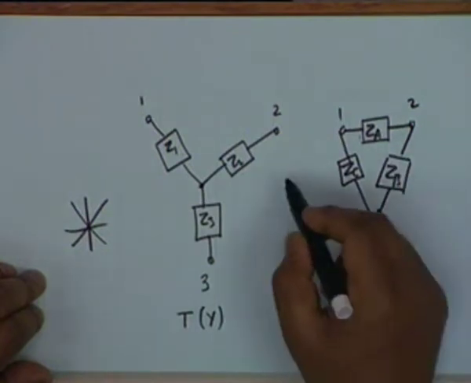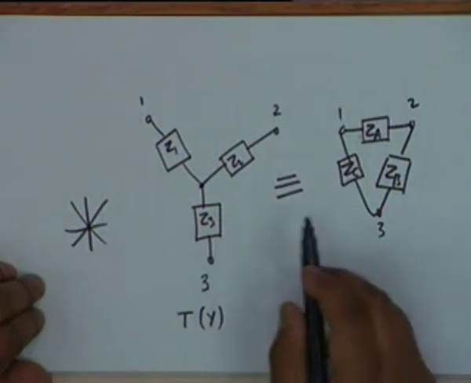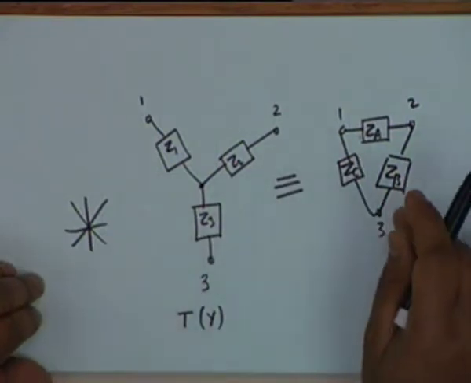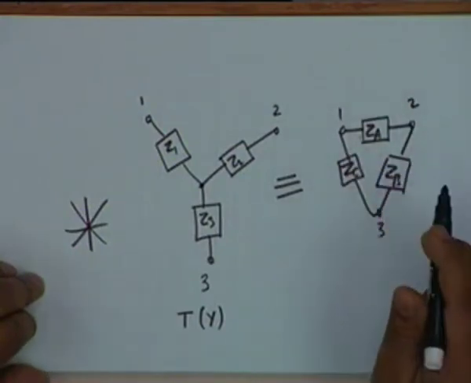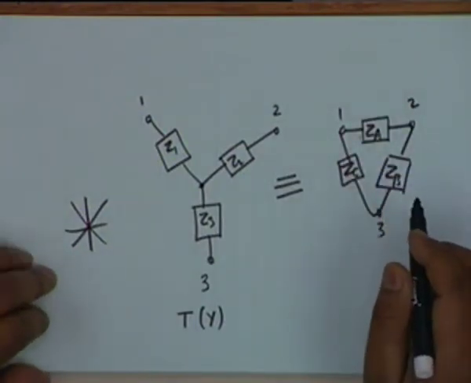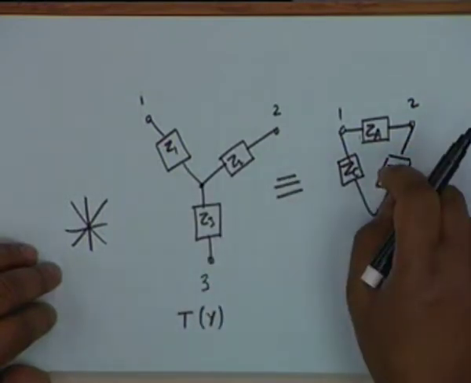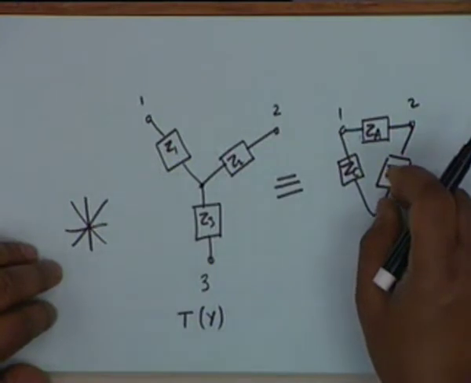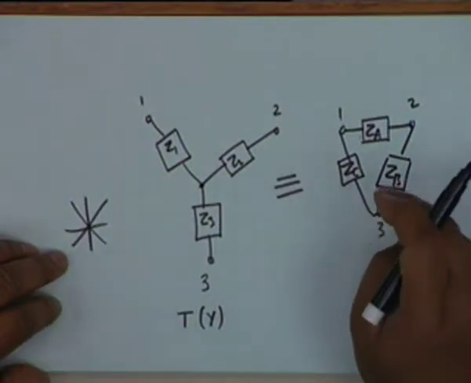All right. I want to find out the conditions under which this network would be equivalent to this. This is a 3-terminal network, this is also a 3-terminal network. To determine the equivalence of one network to the other, what we do is we make either open circuit or short circuit measurements for both the networks and equate the results.